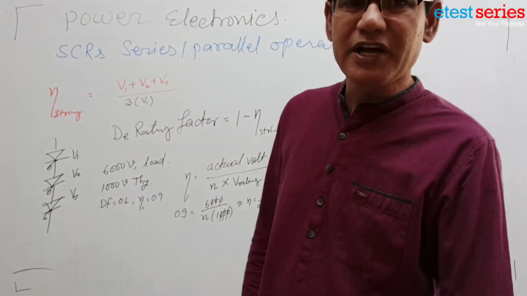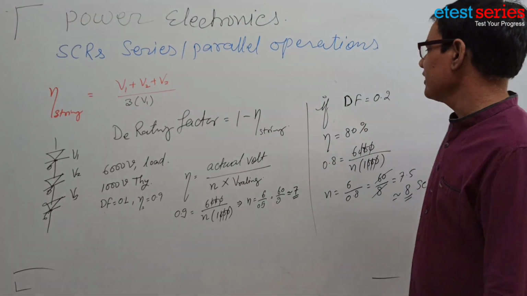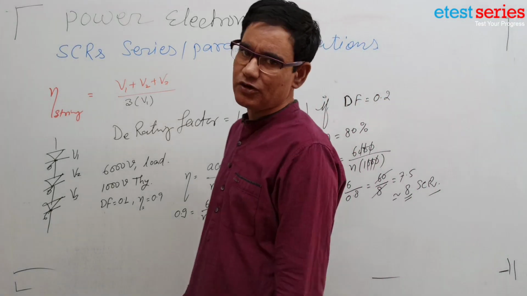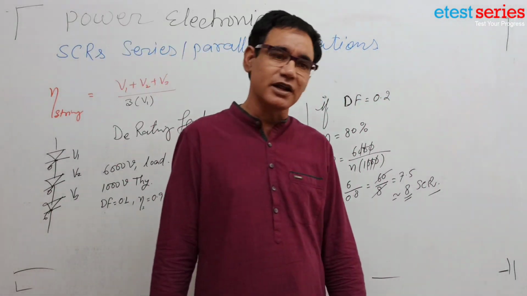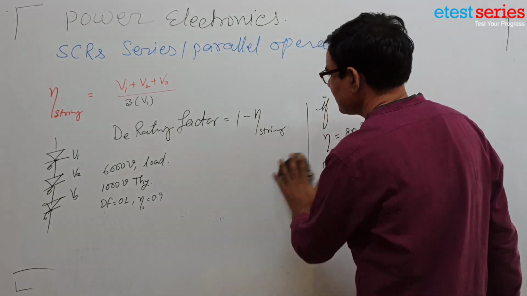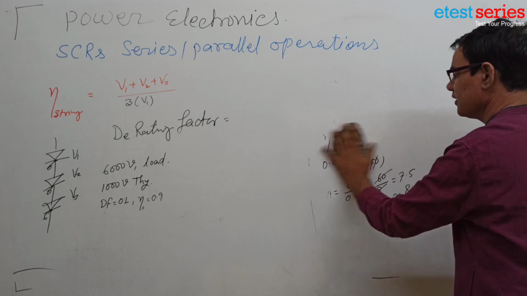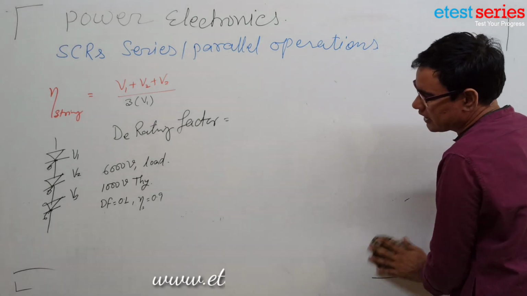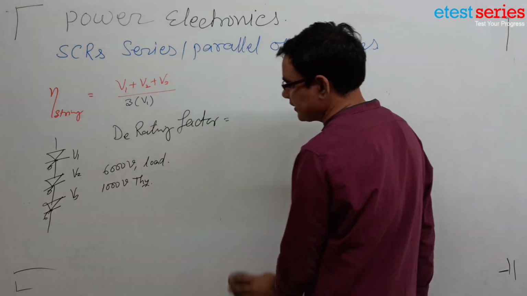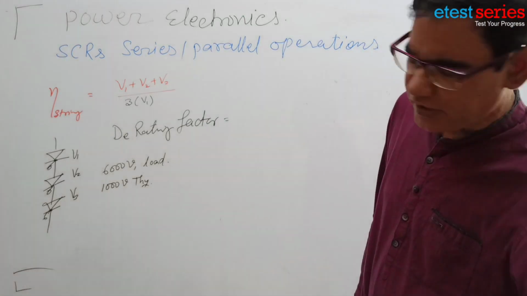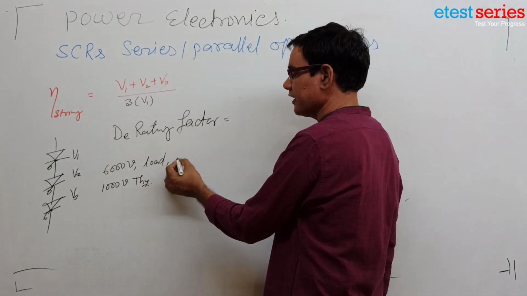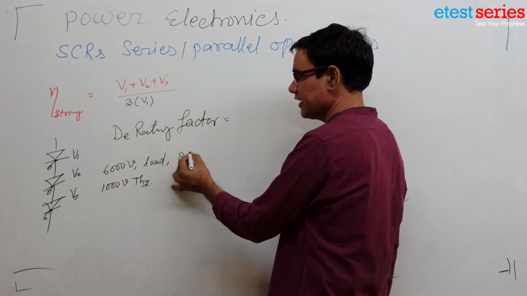Suppose that current and voltage, two ratings are given. How can we find out how many SCRs are required in series and how many in parallel? That we can also find out like this. Suppose we have an SCR whose current and voltage ratings are defined. The load voltage rating is 6000 volt and the load current rating is 800 ampere.